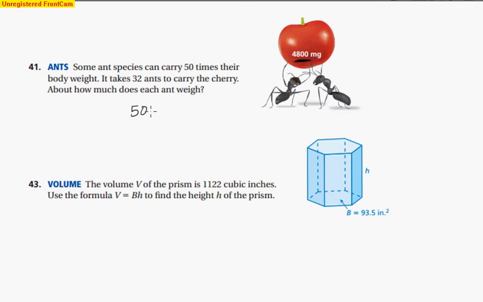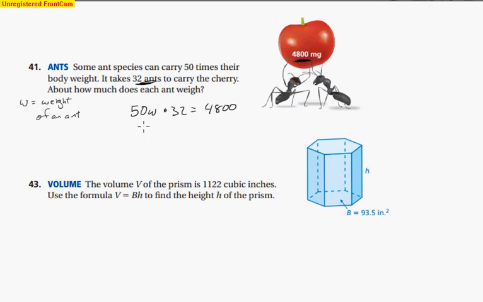So let's call W its weight. So W equals the weight of an ant. So 50W, and it takes 32 of these ants to carry this one cherry. So times 32 equals the weight of the cherry, so 4,800.